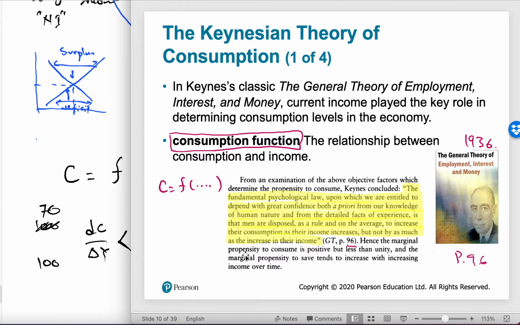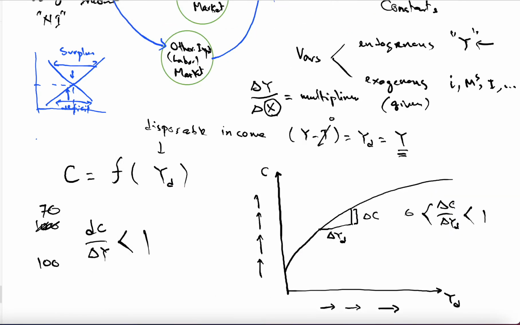Hence the marginal propensity to consume is positive but less than unity. This thing, the change of consumption as a result of a change in disposable income, is called the marginal propensity to consume.